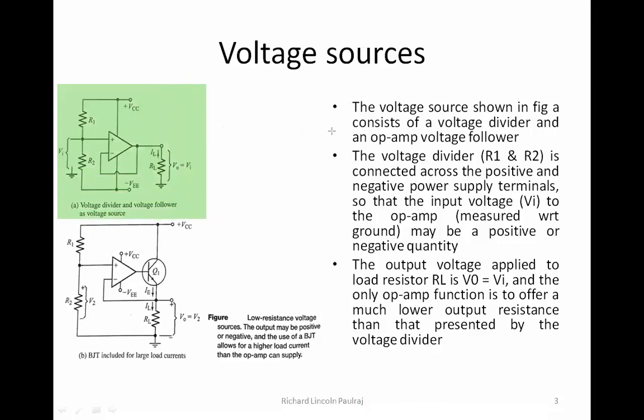So the voltage source shown in figure A consists of a voltage divider. So can you tell me which is a voltage divider here? Pretty simple, right? R1 and R2. And an op-amp voltage follower. It's called an op-amp voltage follower because whatever is at the input, the output follows the input. The voltage divider R1 and R2 is connected across the positive and negative power supply.